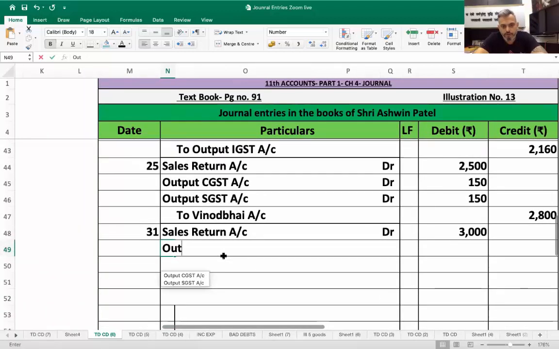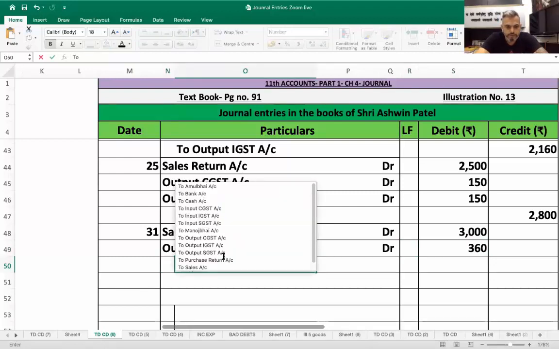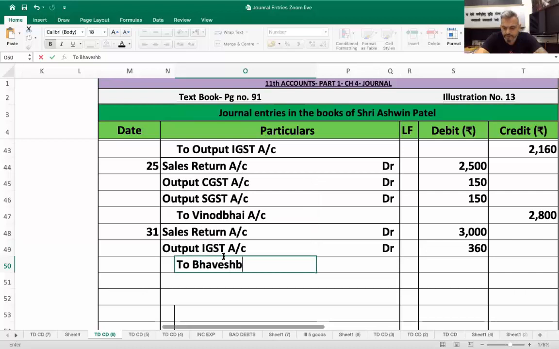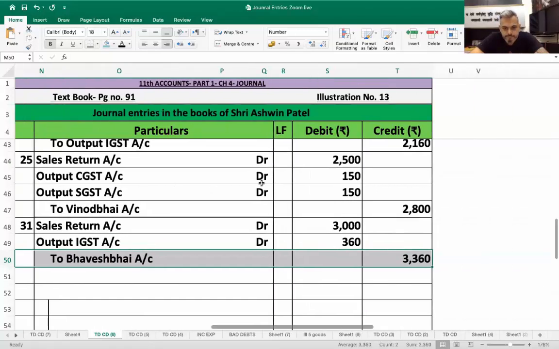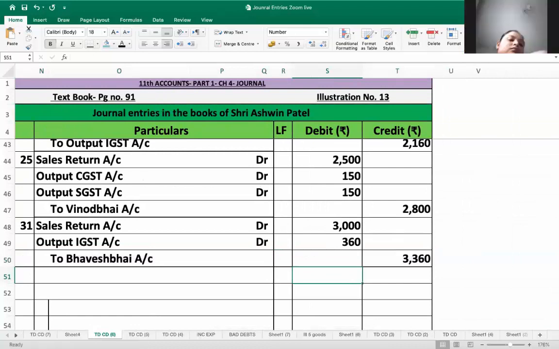So here also output IGST account debit 360, to Bhavesh Bhai 3,360. Over all, do the totals. Check if it's matching 1,40,000.